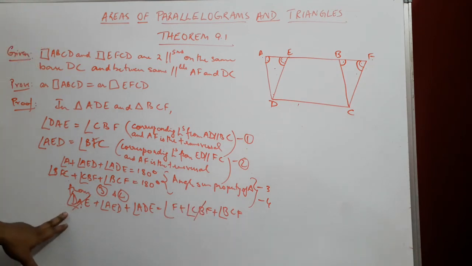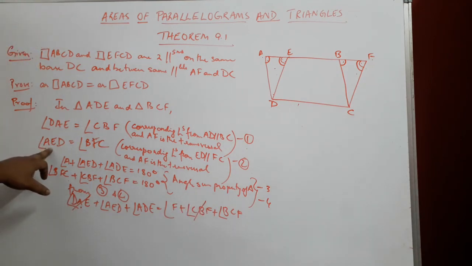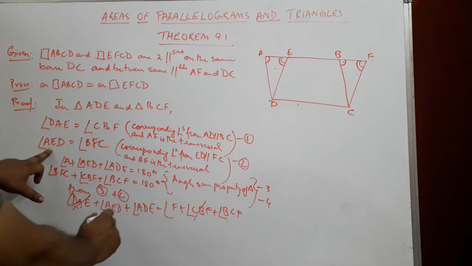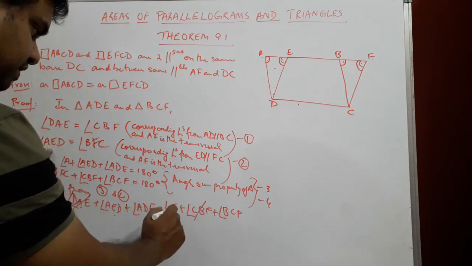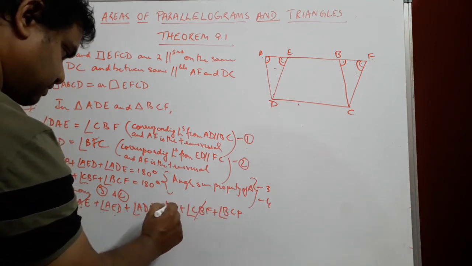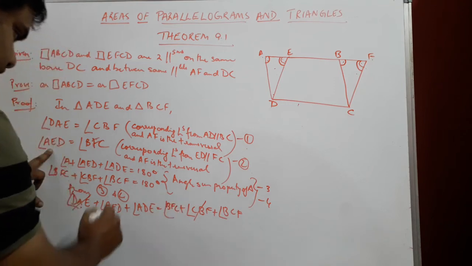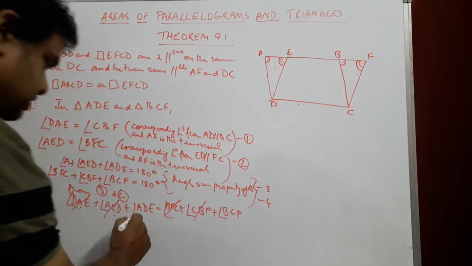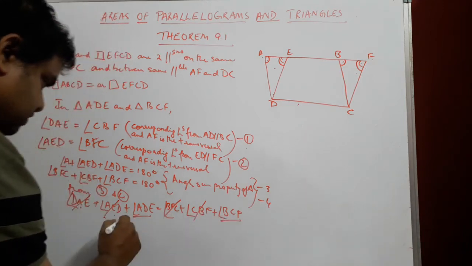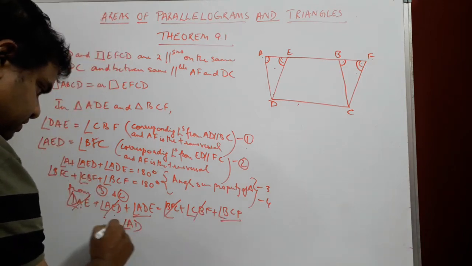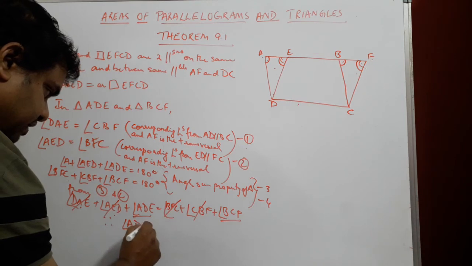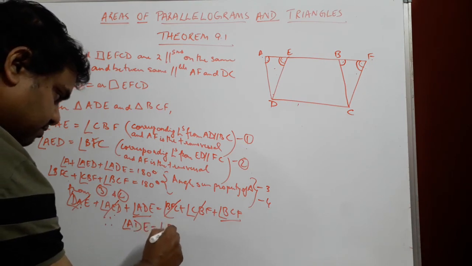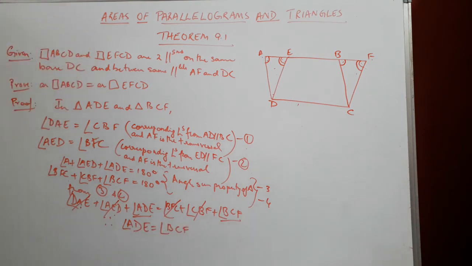They are the same. And angle AED is equal to BFC. Angle AED is equal to BFC. So this I'll put as BFC. So I will cancel this out. Okay. Then what remains? What remains behind is just angle ADE and BCF. So therefore we can say angle ADE is equal to angle BCF, right?